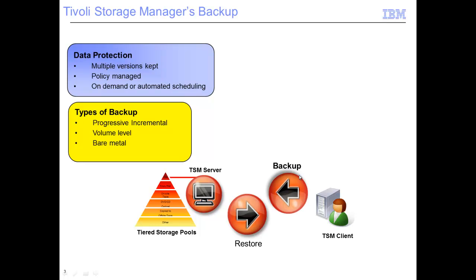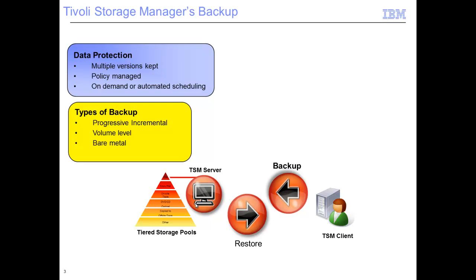When we look at this setup here, we've got what's called a TSM client, and this is basically your workstation, your laptop, or your server with a small piece of TSM code installed on it. That is then going to do, on either a scheduled basis or an on-demand basis, a backup across the network to the Tivoli Storage Manager server.